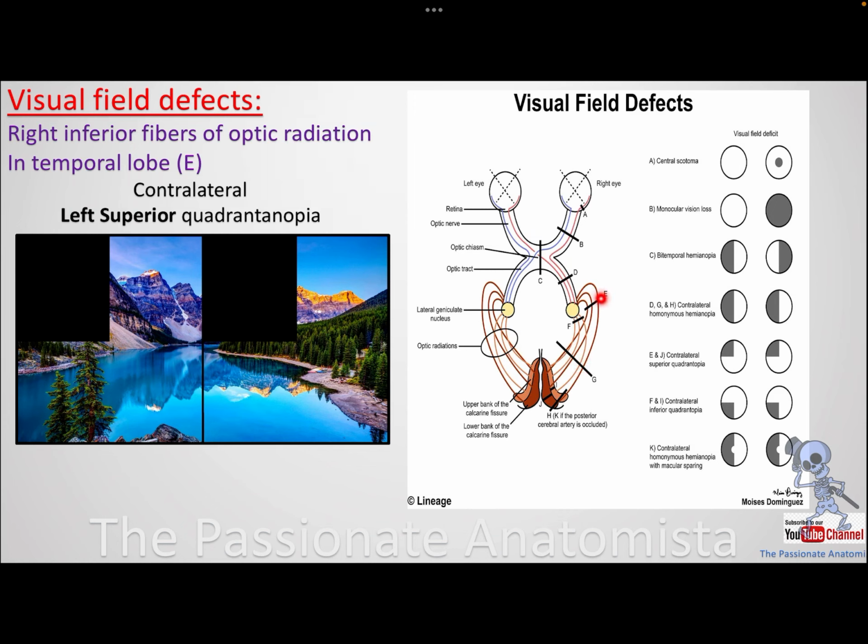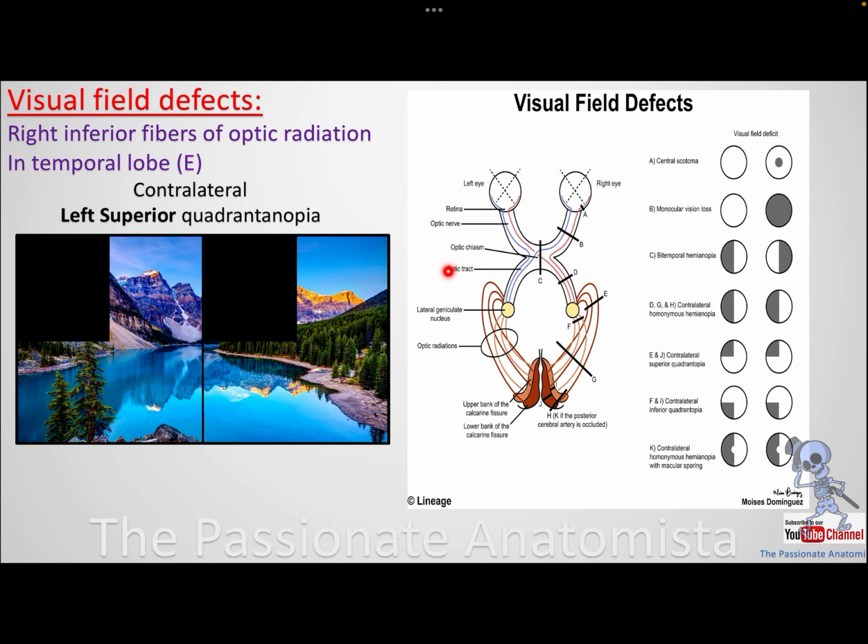Okay, if you lose part of the optic radiation in a special loop, temporal or parietal, the story is going to be different. We said that if the problem is in the tract itself, or the whole radiation, or the cortex, left of everything is going to be lost.